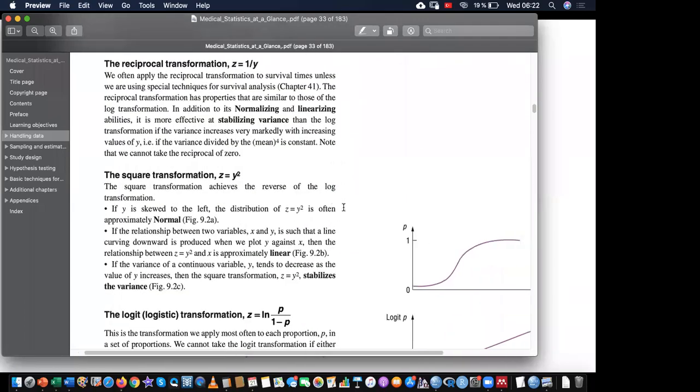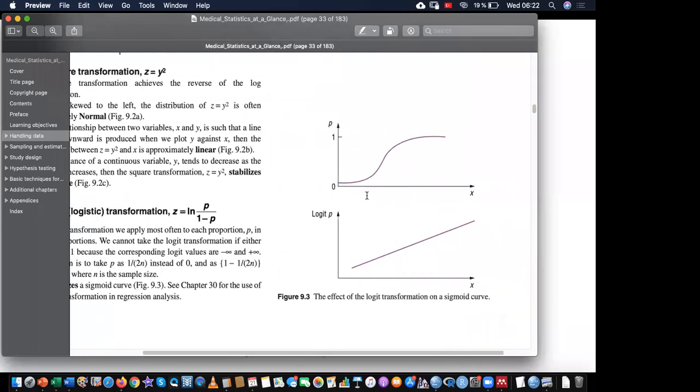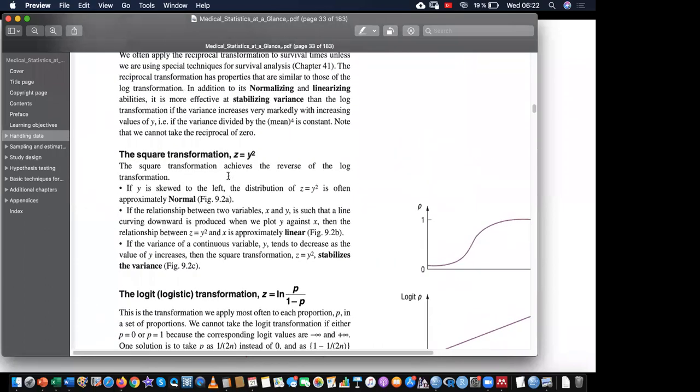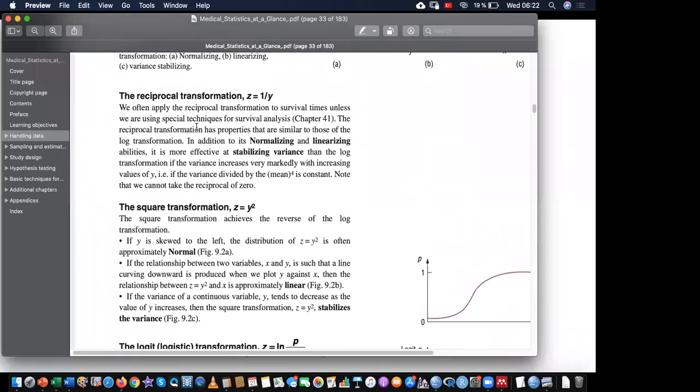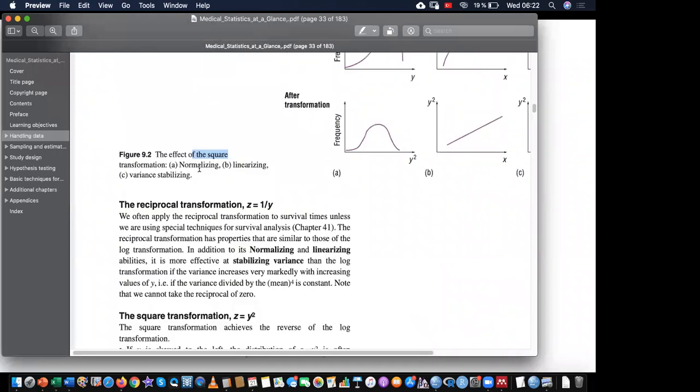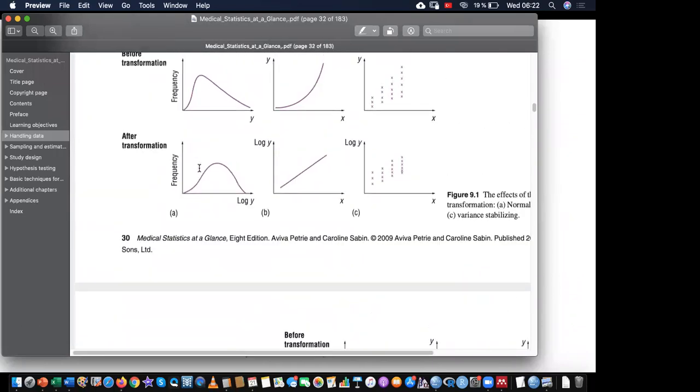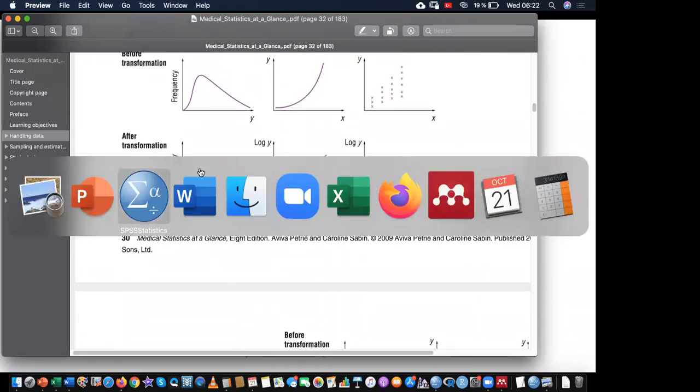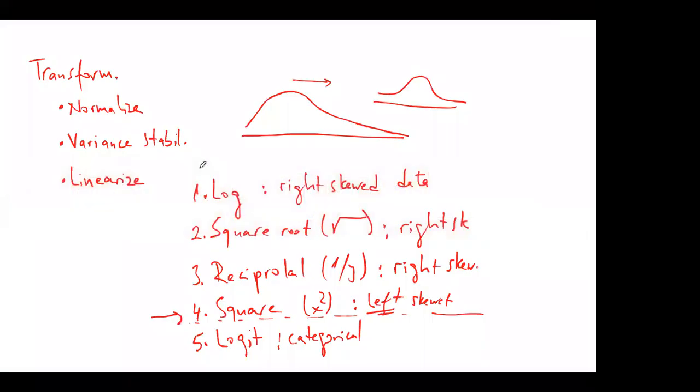The same rules apply also for the others, for logarithmic transformation, for reciprocal transformation, and you may do any transformation you can imagine. In summary, we discussed that we have 5 different kinds of transformations: logarithm, square root, reciprocal, square, and logit.